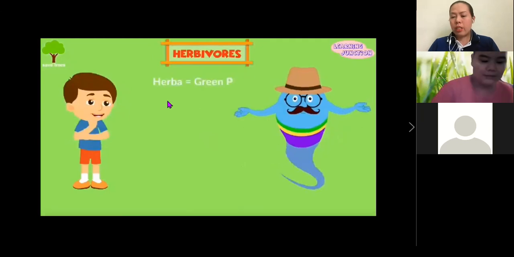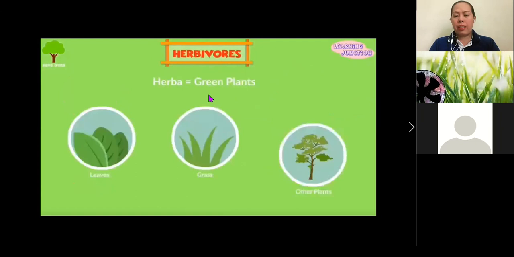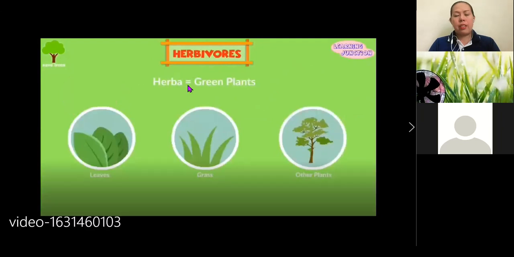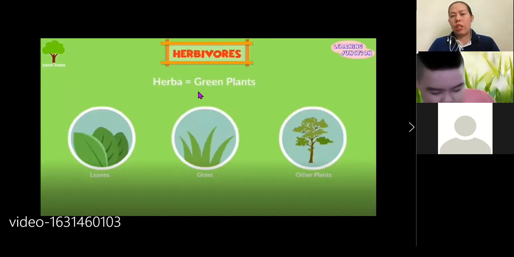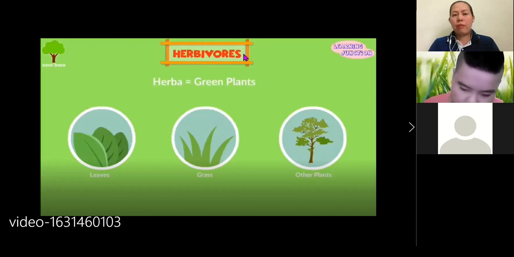Herbivore comes from the Latin word herba, which means green plants. So herbivore animals eat leaves, grasses, and other plants. You can write in your notebook or write in your books, for additional information. Again, herbivore comes from the word herba, meaning green plants.